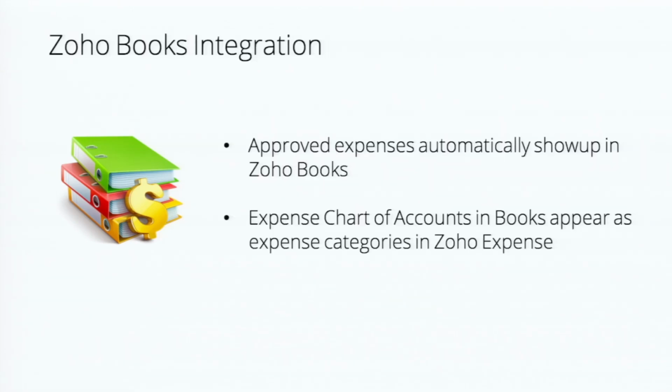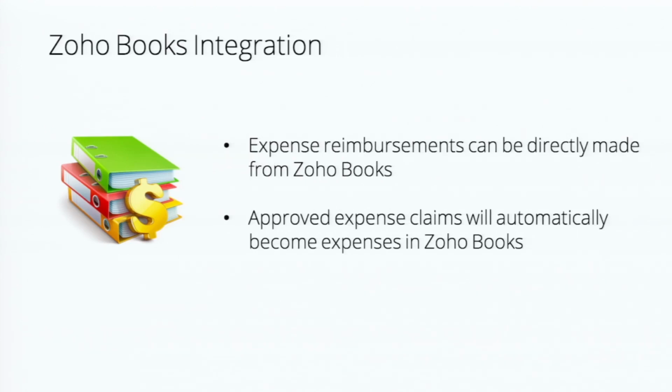This integration exists today, where an expense report or an expense is approved, and it automatically shows up in Zoho Books. The entire Zoho Expense application is actually built on the Zoho Books platform, which means there is a seamless information flow between these systems. Like the chart of accounts in Books appear as categories in Zoho Expense.